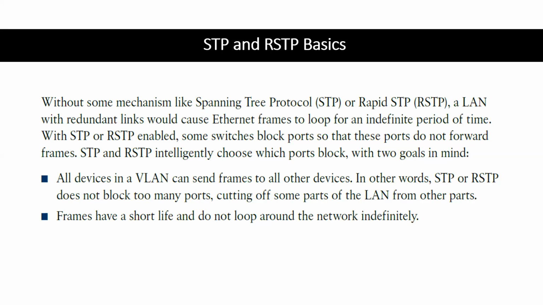If PCA tries to send some traffic to PCB, what would happen is, with these redundant links between these 3 switches and them not having spanning tree, they're going to continue to keep sending the same frame, because we're talking about layer 2, to a point where it's going to cause a loop for an infinite amount of time.